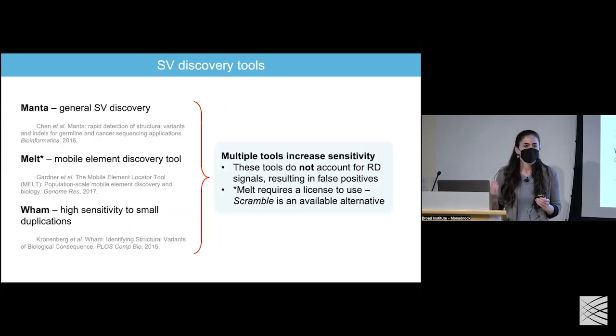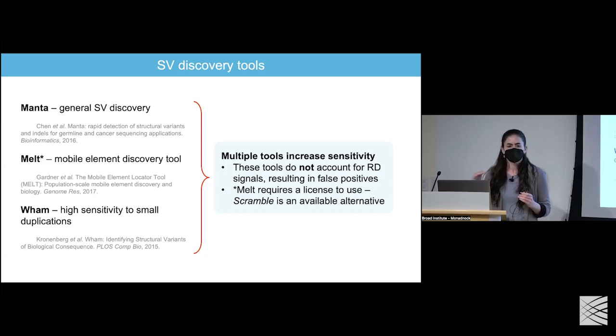So let's take a look at what are the SV discovery tools that we use. First, Manta is a really good general purpose SV algorithm. We use MELT, which specializes in mobile element insertions, and WHAM has high sensitivity to small duplications that tend to be missed by other algorithms. So using multiple tools increases our sensitivity.